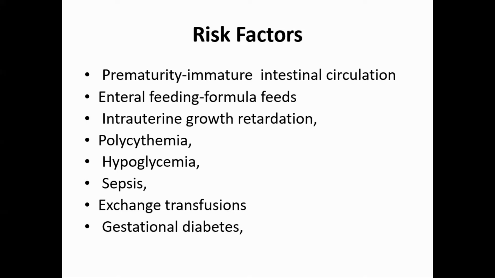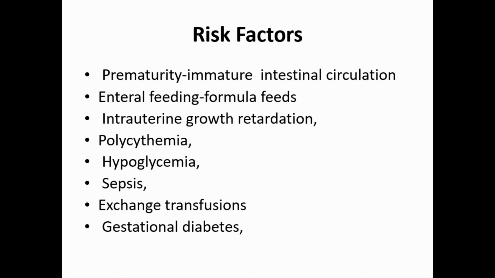Enteral feeding, that is the formula feeds that are available in the market, and prematurity. And the main cause is ischemic necrosis of mucosa and the bowel wall, and that is caused by underdeveloped, immature intestinal circulation, as well as decreased immunity of the intestinal wall.